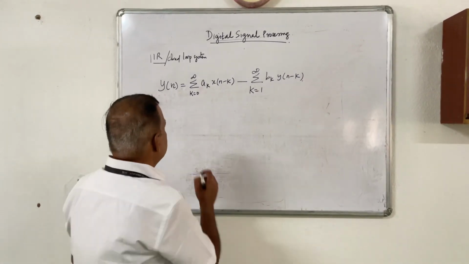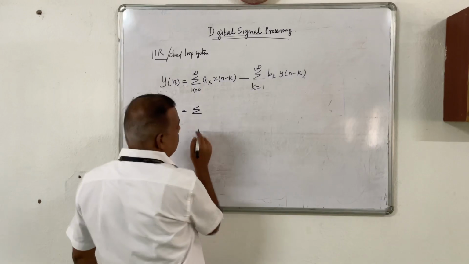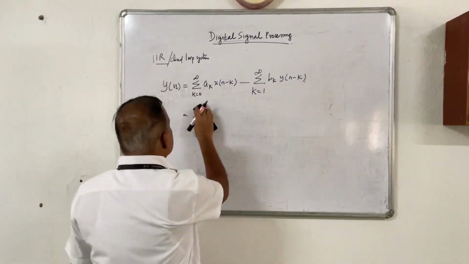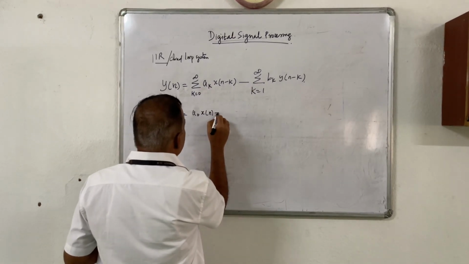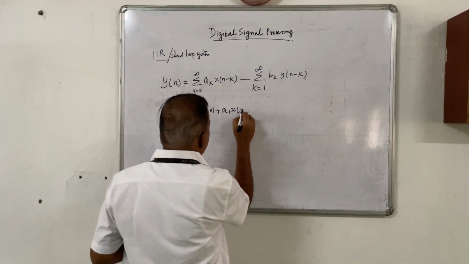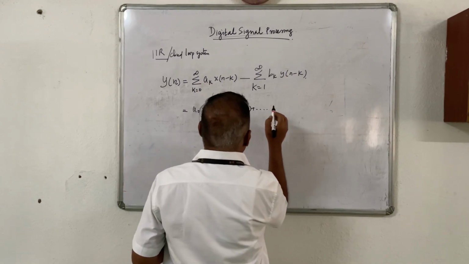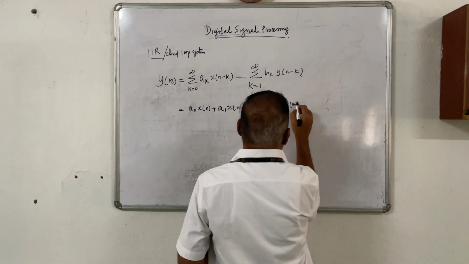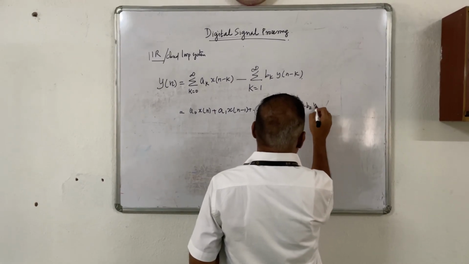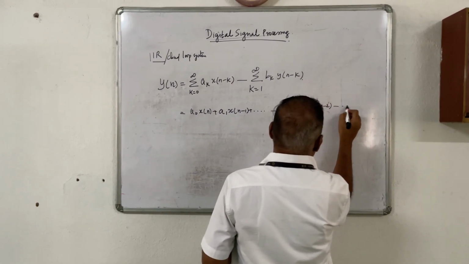If you expand this, you can check it out: a0 x of n plus a1 x of n minus 1 and so on, minus b1 y of n minus 1, minus b2 y of n minus 2 and so on.